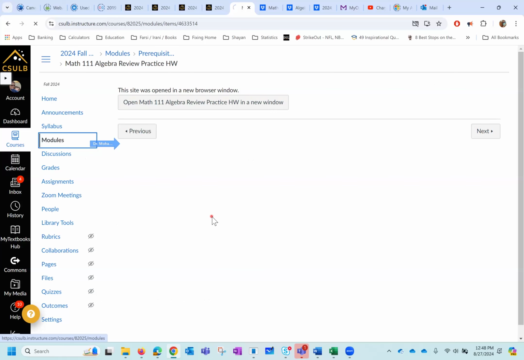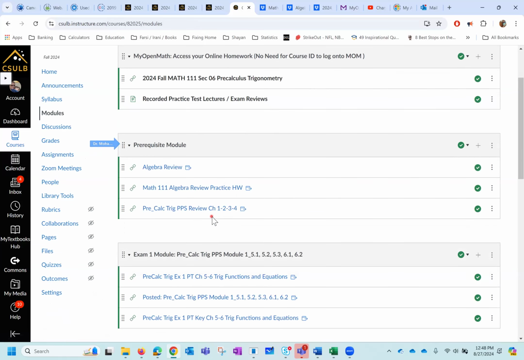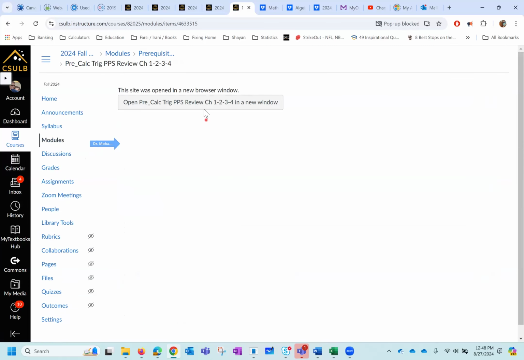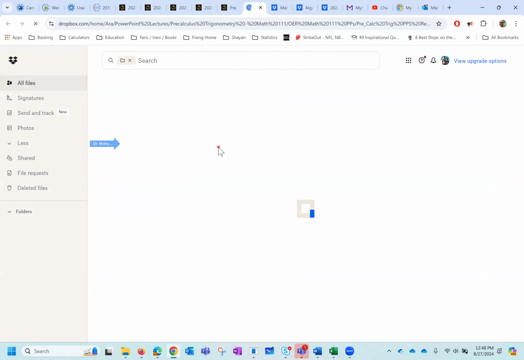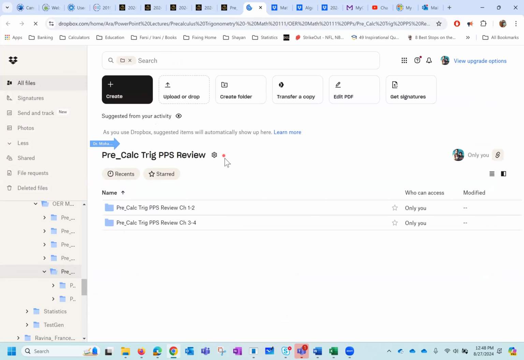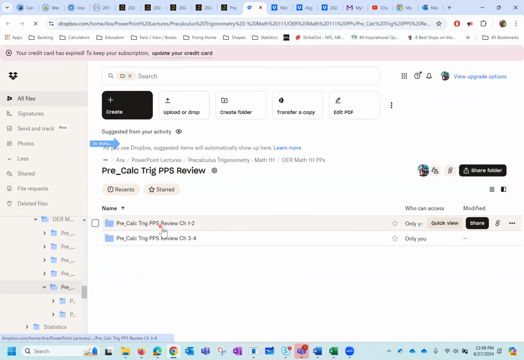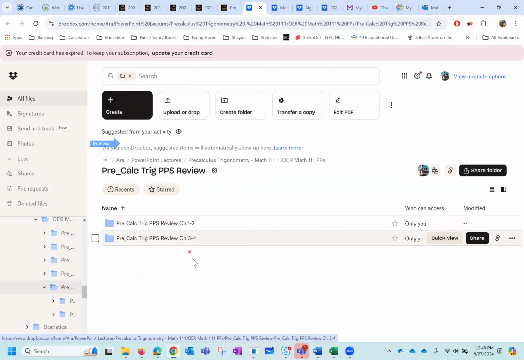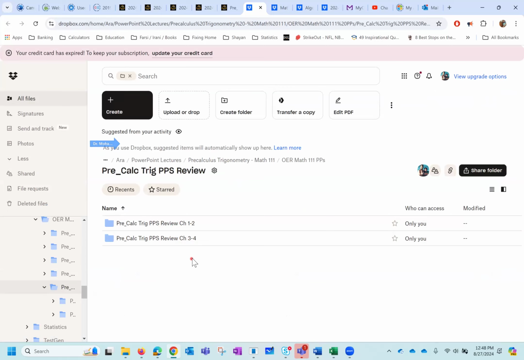Going back to the module, so we are looking at the prereq module. Now, the last part on that, it does have chapters 1, 2, and 3, 4 of pre-calculus.